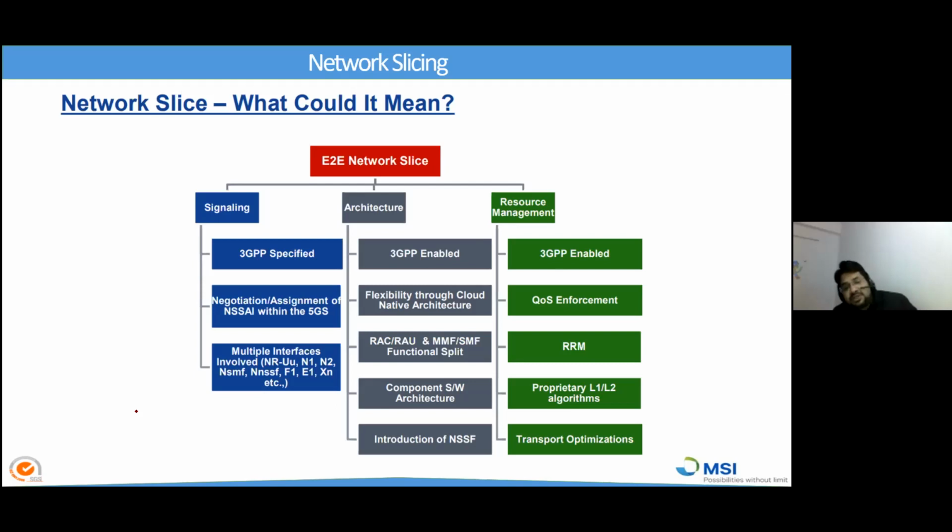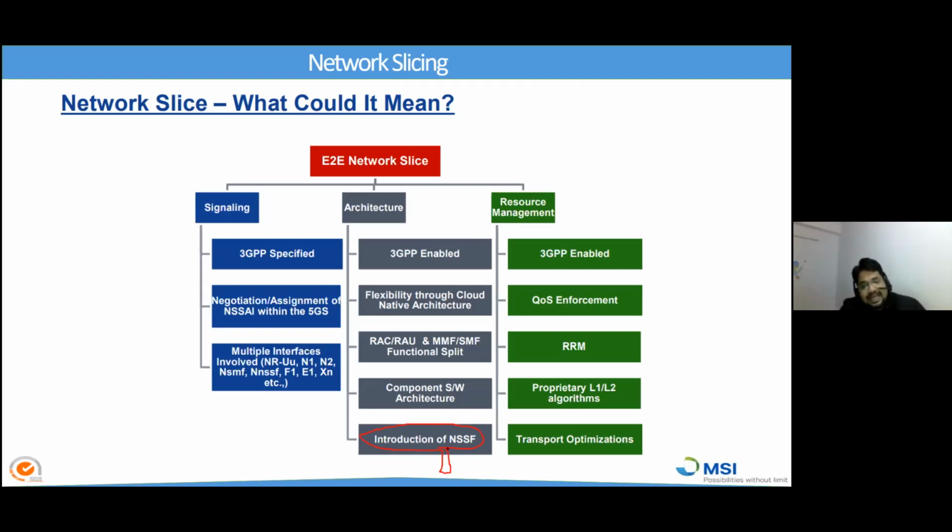So each virtual machine will have its instance and will provide one kind of network function, and all these network functions will form a complete network service for that network slice, right? So the other part is the software architecture and the introduction of NSSF. NSSF is basically a function which provides a definition for the network slice. The abbreviation of NSSF is network slice selection function.